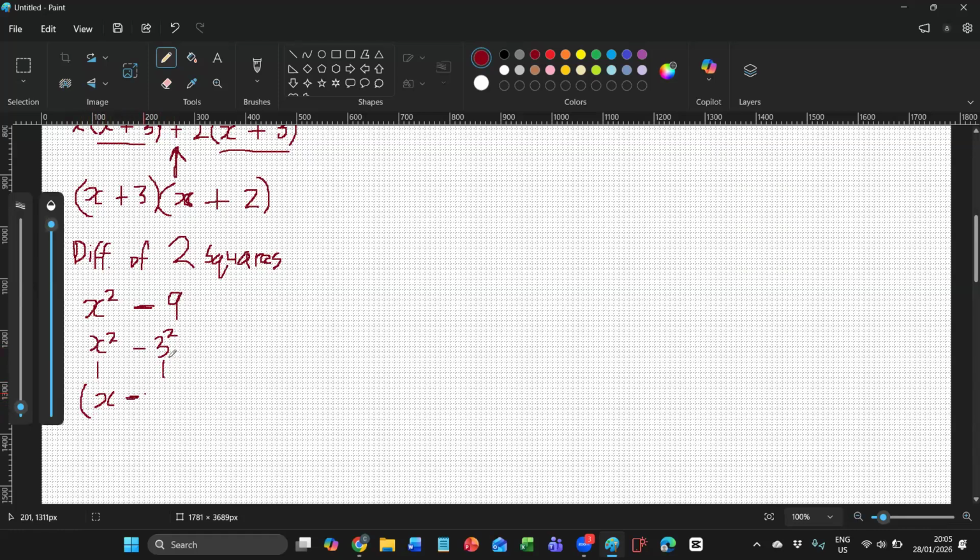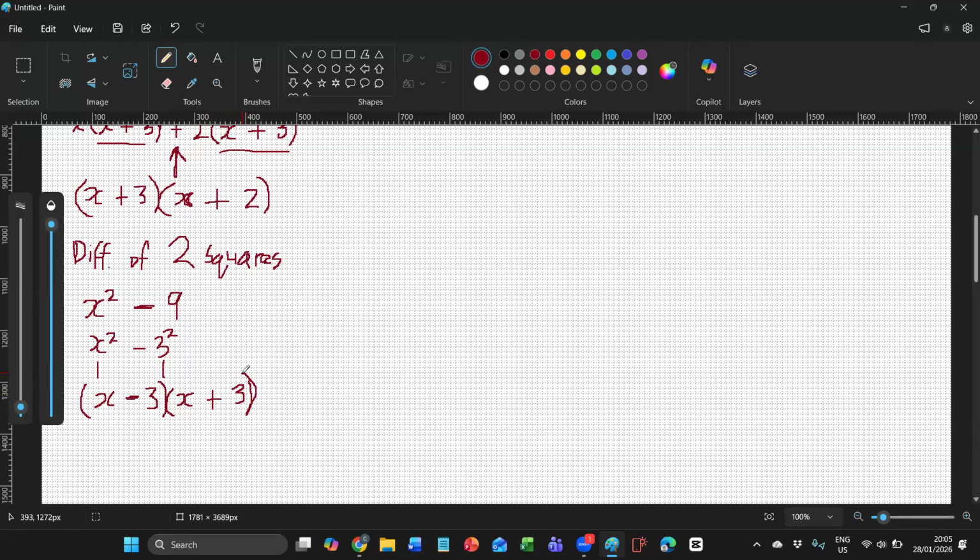Take one of the second one, which is in this case 3, and write it in the same bracket. What next? You are now done with the first bracket. The rule also says open another bracket. Take one of each one. But instead of minus now, what are you going to put there? Plus, which is the opposite of minus. And can you see that it has been fully factorized?